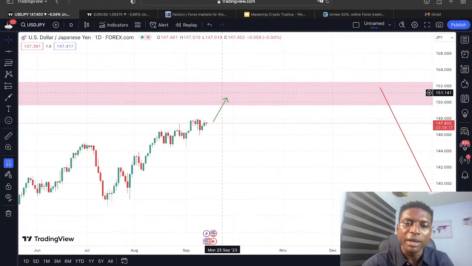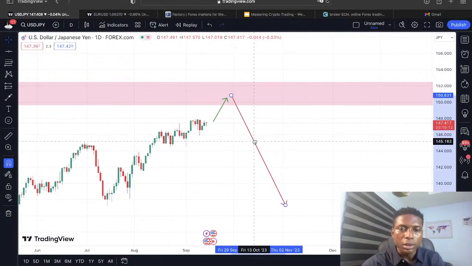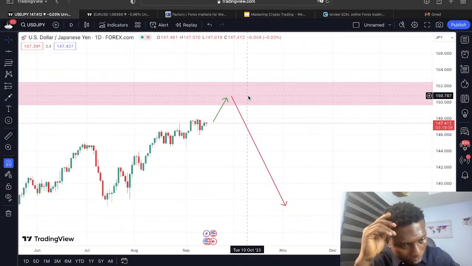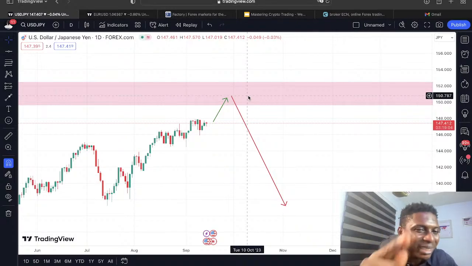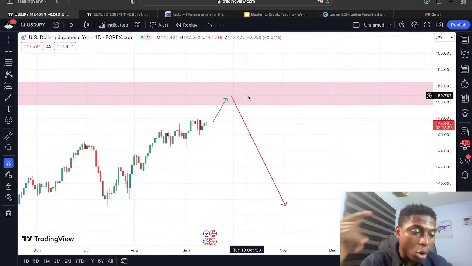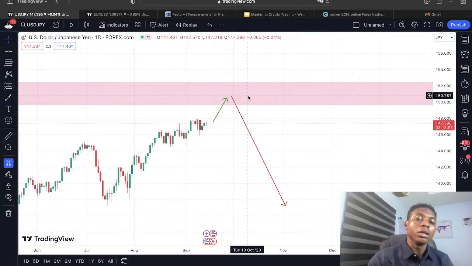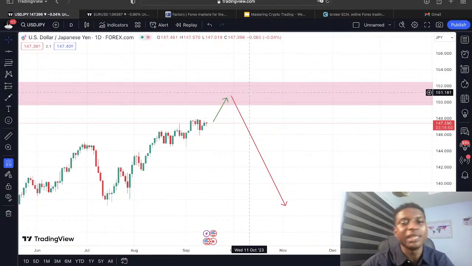Once USD JPY gets to this level of resistance, then the sell triggers massively. Why? Because it's getting to a level where it had not gotten to in almost a year. So definitely there would be a lot of sell orders waiting for USD JPY at this level.